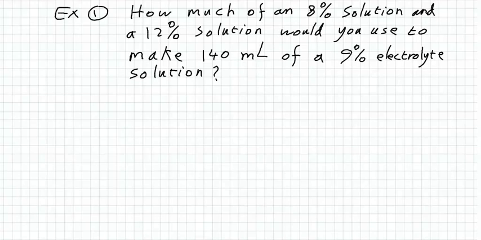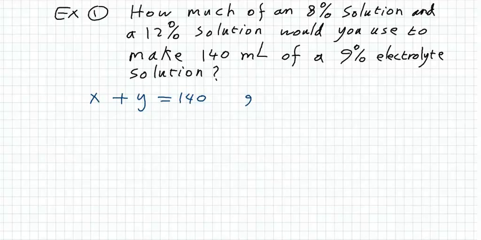If we name the first solution x and the second solution y, we can understand from the problem that the sum of the quantity of the first solution and the second solution will be 140 milliliters.